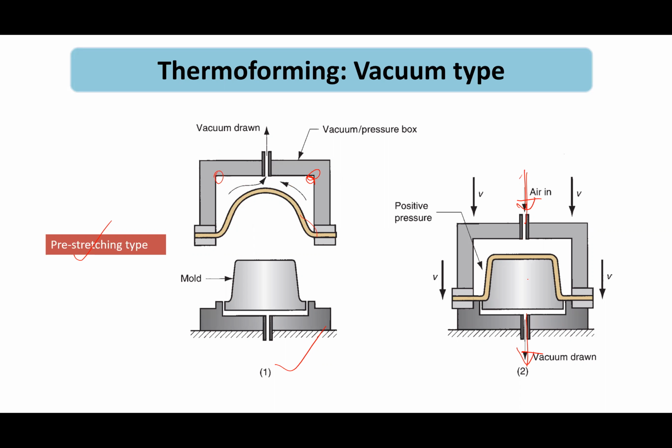Okay, you can either use vacuum, or you can use the air pressure on the top, or you can use both of them simultaneously to get better output. And usually these clearances are very small, so that the material cannot penetrate through those places.